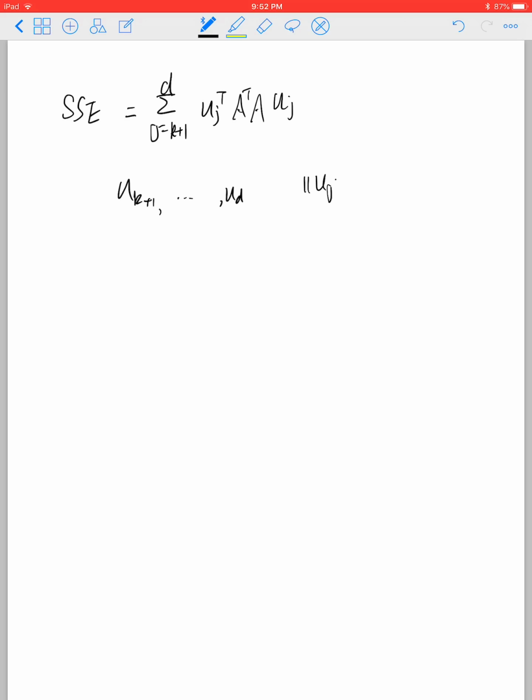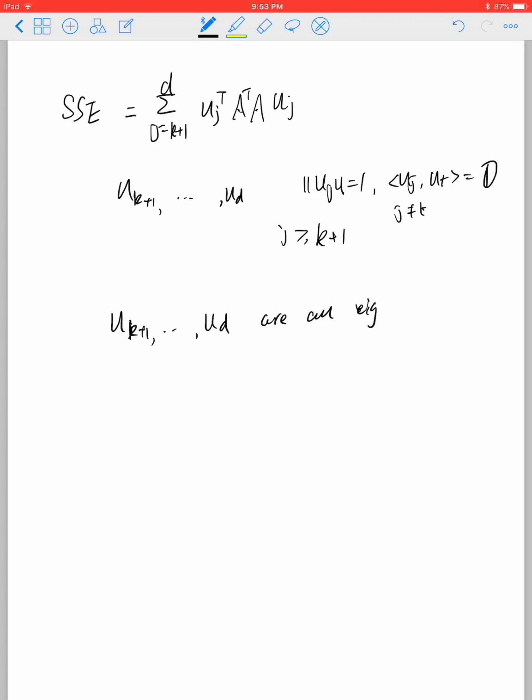Let me add one more. If you rewrite SSE in terms of this representation, you will end up finally with a summation from k plus 1 to d, where each term will be uj transpose A transpose A uj.